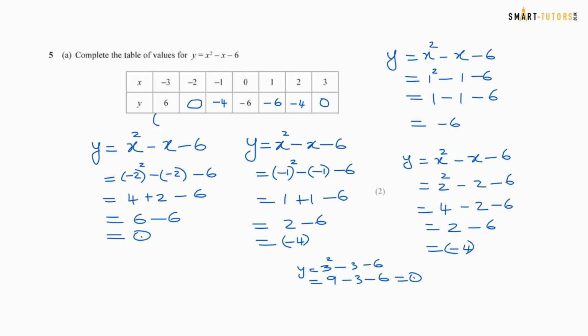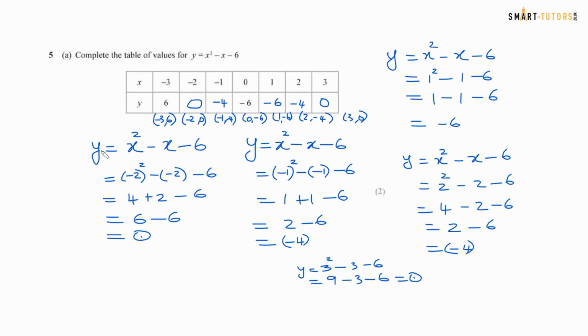So I have the values. All these points are paired up together to give the coordinates: minus 3, 6; minus 2, 0; minus 1, minus 4; 0, minus 6; 1, minus 6; 2, minus 4; 3, 0.